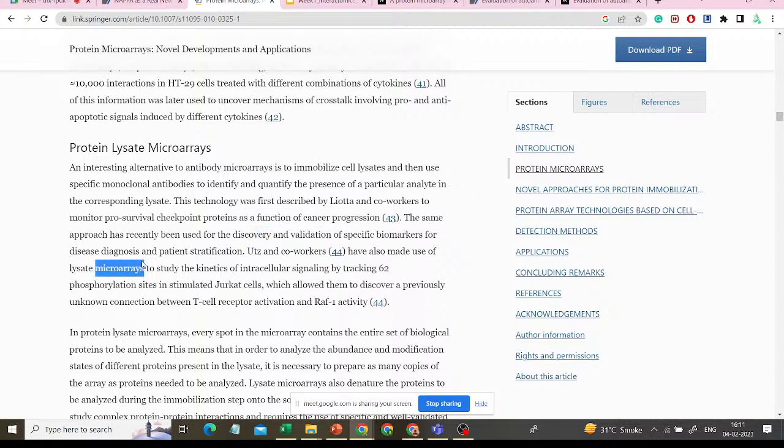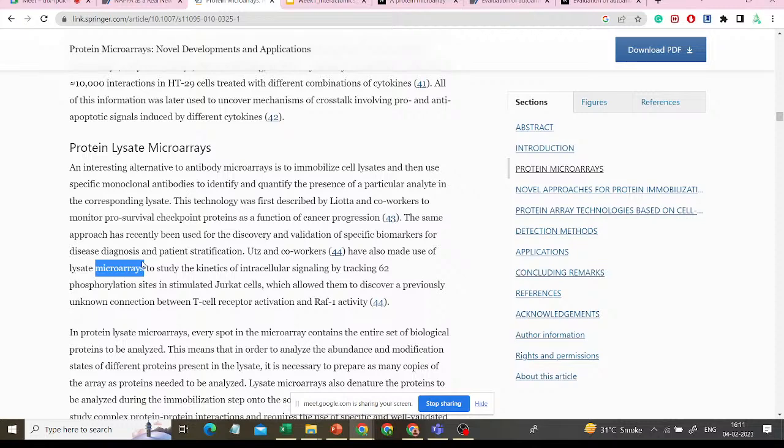Similarly, if you monitor a particular protein across cohorts, across the different grades of tumor patients, then you can use that to stratify the patients. As you might know, different tumors are stratified into different grades based on their aggressiveness: grade 1, grade 2, low grade, high grade, etc. So you can understand and identify those things.